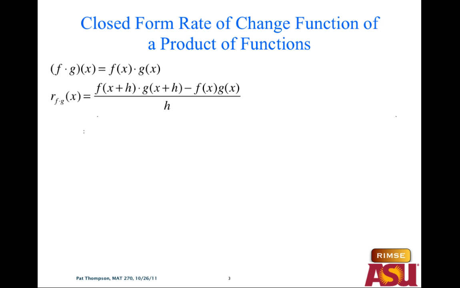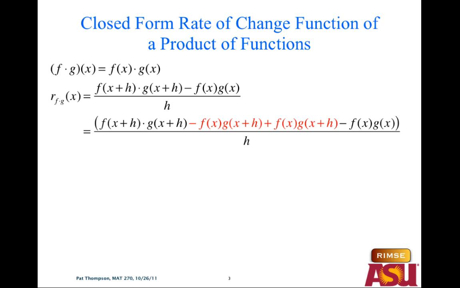Okay, so again, we're going to do some work on this to try to figure out what this equals. And so here's what we do. Again, I'll go fast, don't try to write this down, just listen. We're going to subtract f of x times g of x plus h and add f of x times g of x plus h. And so that's essentially adding 0 to the numerator, so it's still equal to what we had before.